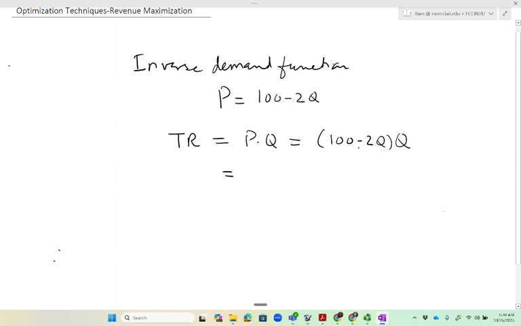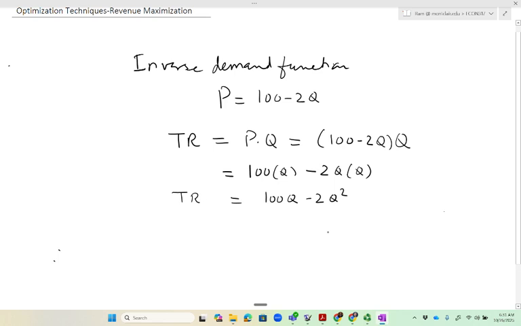We can expand the terms in the parentheses. So 100 multiplied by Q. I have to multiply each term in the parentheses with Q: minus 2Q times Q, and that gives me 100Q minus 2Q square. That's the total revenue.